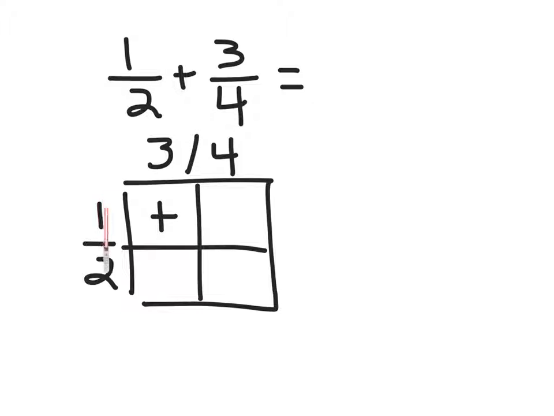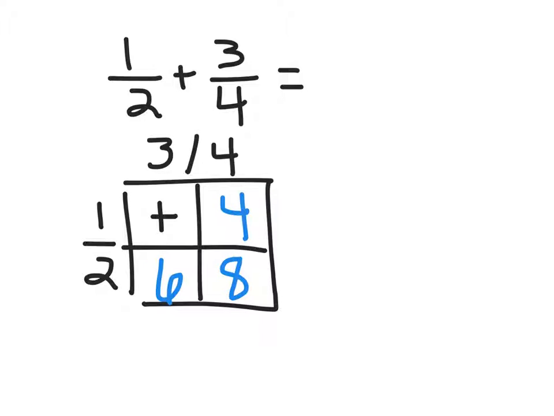So 1 times 4, you put the product in here. 2 times 3, you put the product right here where they would cross. 2 times 4, you put the product right here. So 1 times 4 gives you 4, 2 times 3 gives you 6, and 2 times 4 gives you 8.